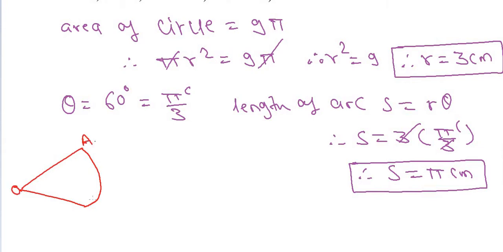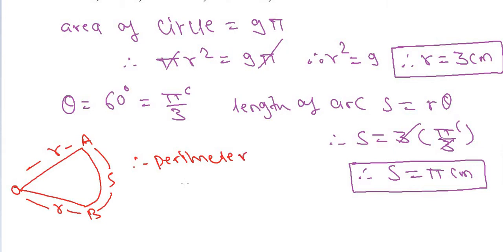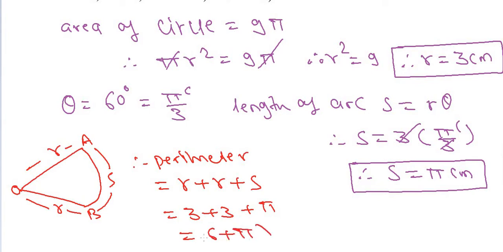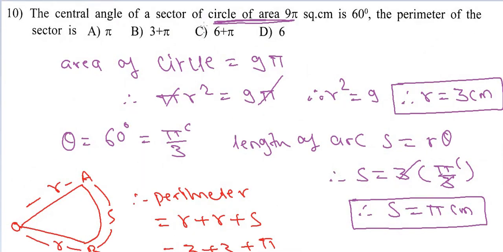So if OAB is the sector, then OA is radius r, length of arc AB is equal to S, and again OB is equal to radius r, and therefore we get perimeter is equal to 2r plus S. Now r is 3 plus 3, again plus S, pi, so that is equal to 6 plus pi centimeter, and therefore the correct option has to be 6 plus pi centimeter, which is option C.